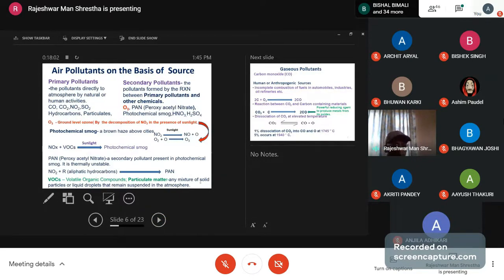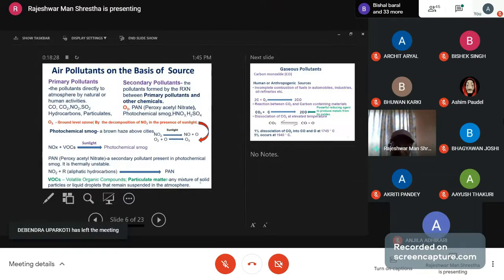In this way, primary pollutants react with other chemicals in the atmosphere and form secondary pollutants. The directly released pollutants are known as primary, and secondary pollutants are pollutants which are formed in the atmosphere by chemical reaction between primary pollutants and other chemicals.